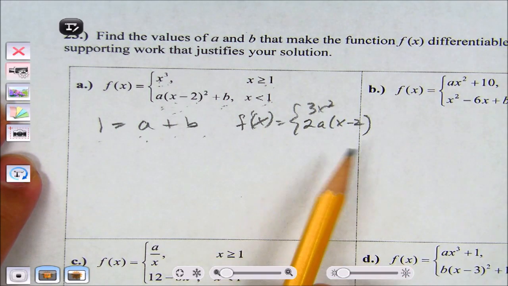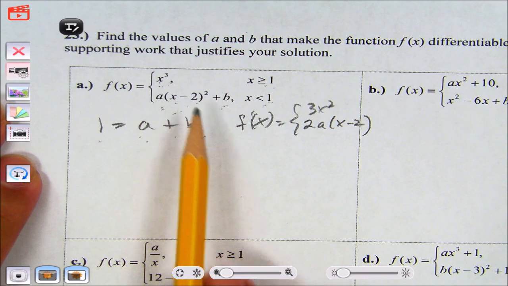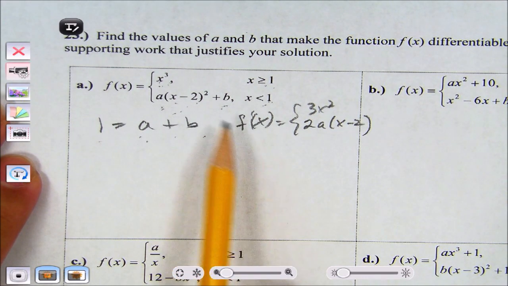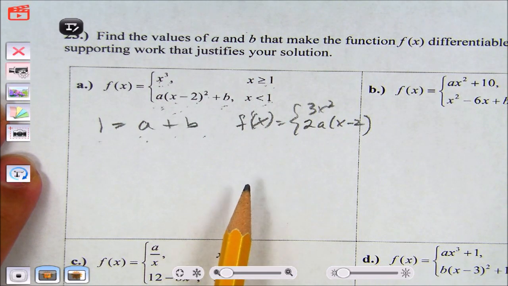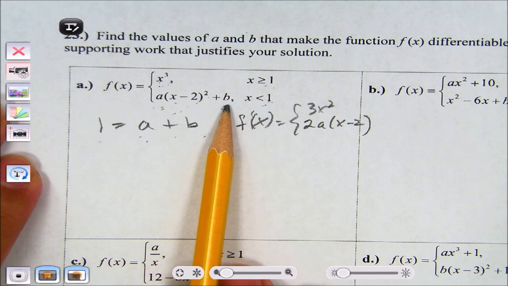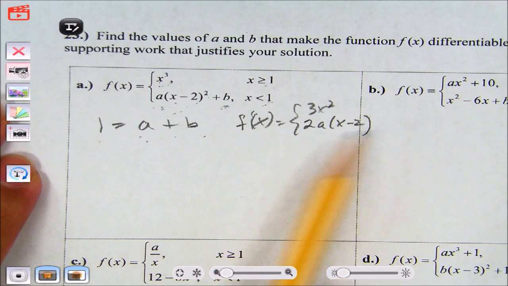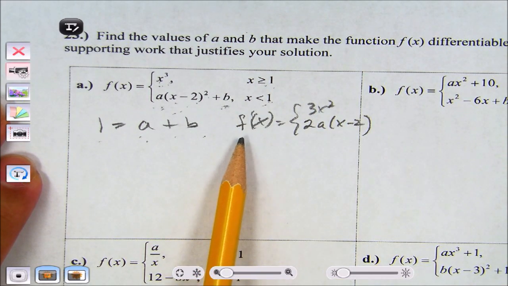Do you understand that that's the derivative of that? It's just bring down the exponent, subtract 1 from the exponent. What's the derivative of b? It's a constant, so it's 0. It's gone.